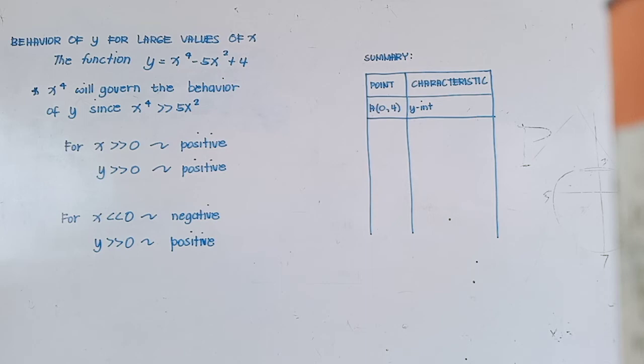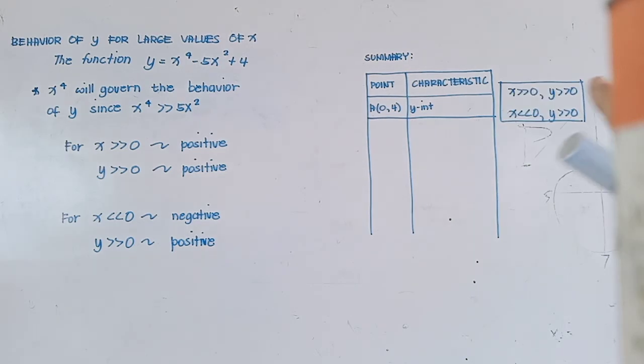Remember that any number, positive or negative, raised to an even exponent will give us a positive value, isn't it? Alright, and we will set that right there for our reference later on.